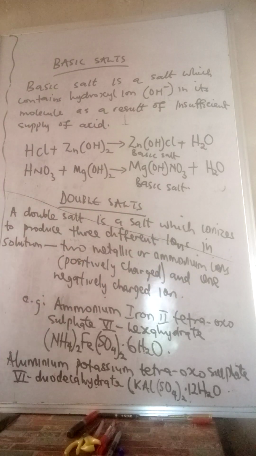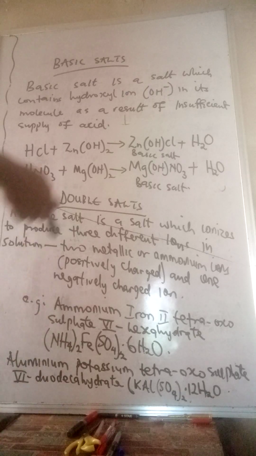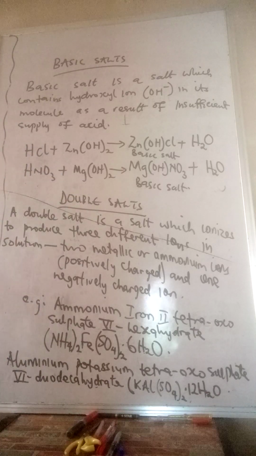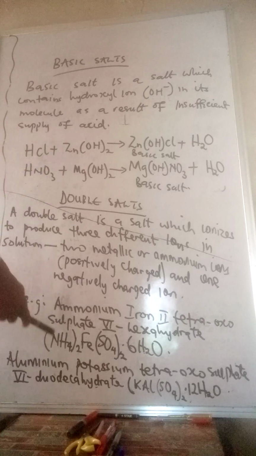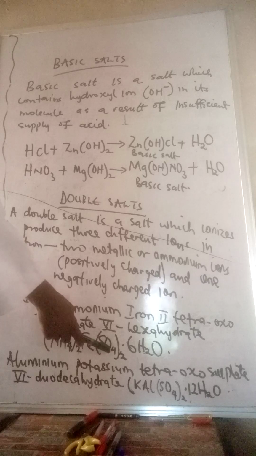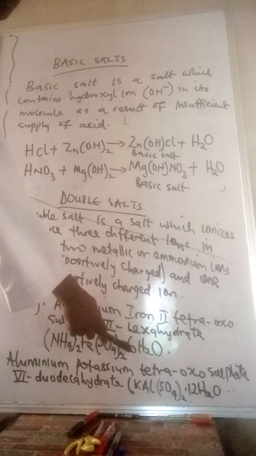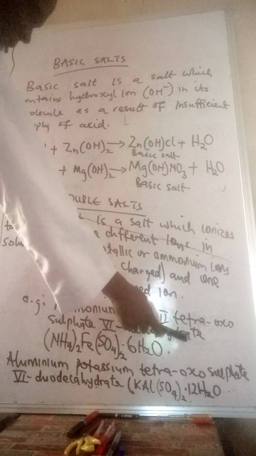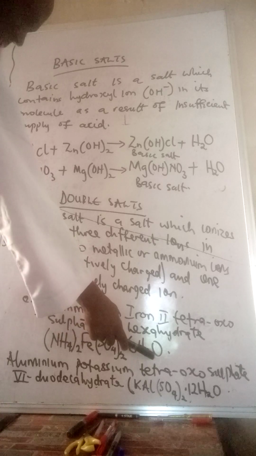So, for example, this is a double salt. Ammonium iron 2 tetraoxosulfate 6 hexahydrate. This is the formula. This is ammonium here, this is iron here, this is tetraoxosulfate ion here. Hexahydrate, hexa means 6, hydrate means water, so 6 molecules of water.